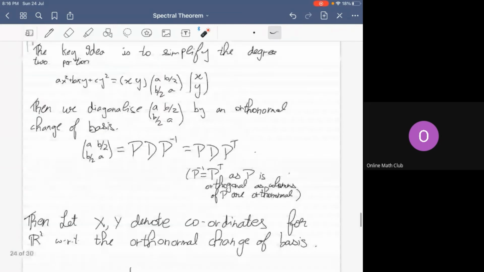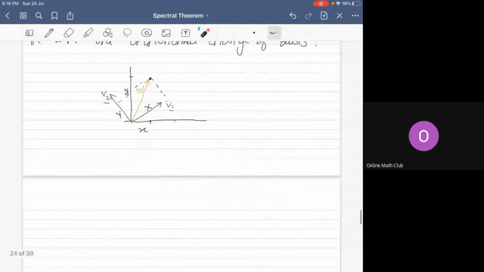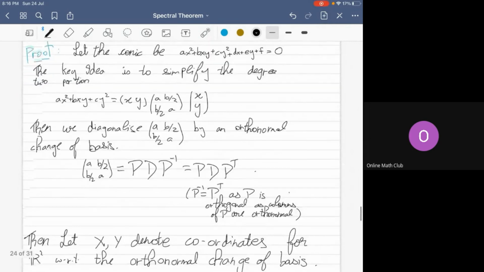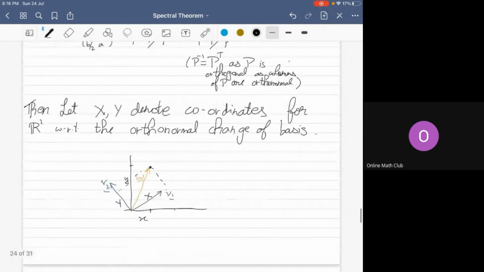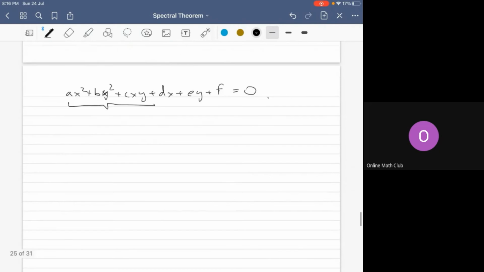And now the main thing in this proof is the following: if we have this as our conic, then look at only the degree 2 portion, and we write this as this.